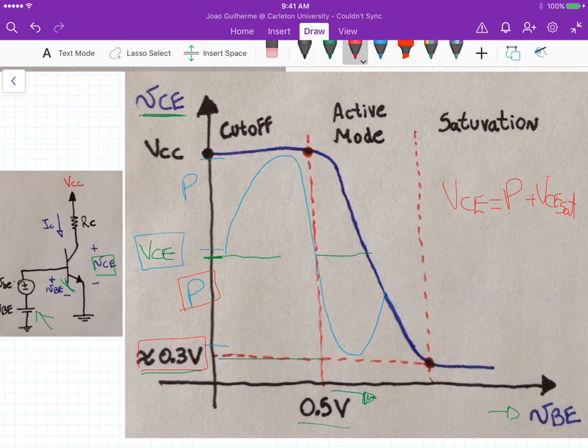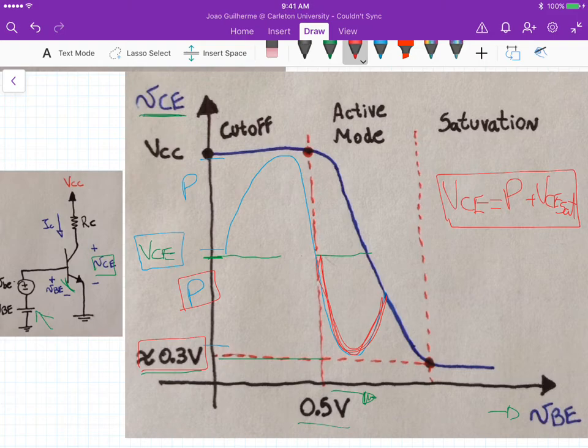So that's the collector-emitter potential difference that we must have to be able to represent this peak voltage in the negative cycle, in this negative cycle here.